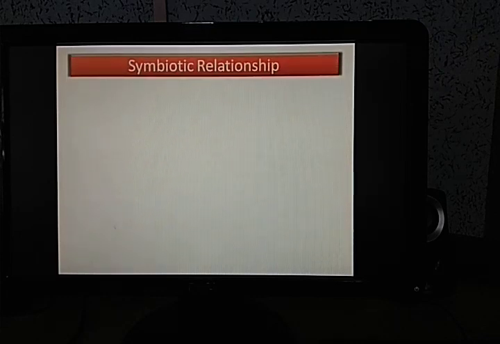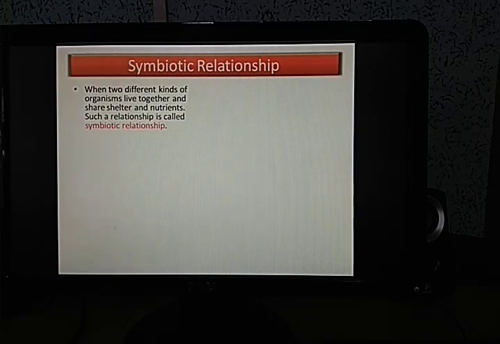next is symbiotic relationship. Now what is a symbiotic relationship? Let us see. When two different kinds of organisms live together and share shelter and nutrients, such a relationship is called a symbiotic relationship.